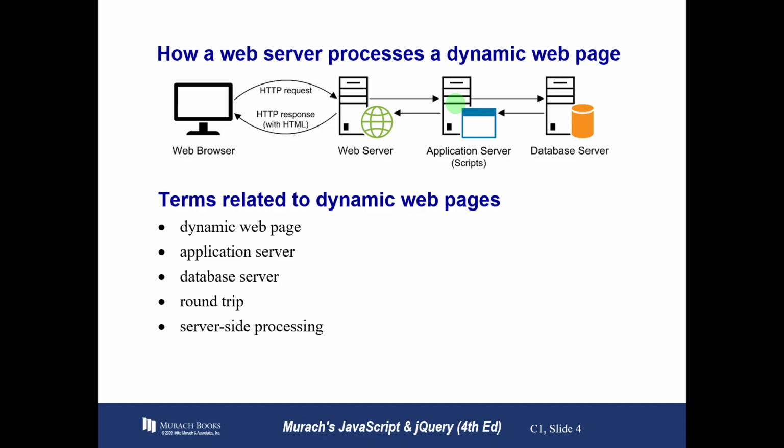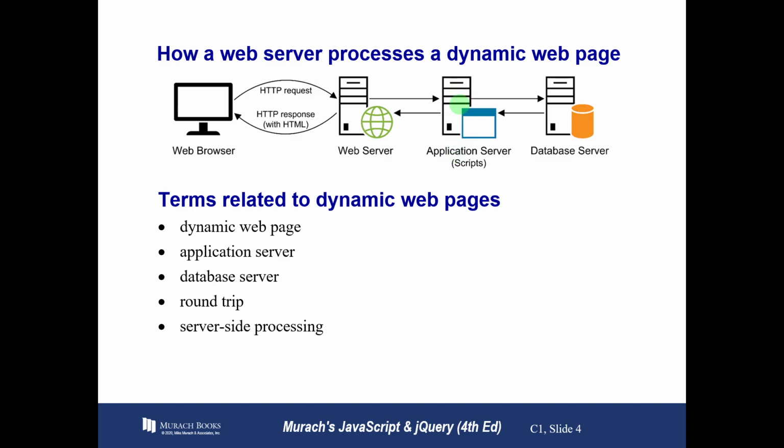And that script could be in a language like PHP, which is a very common scripting language on an application server on the internet. Perl was before that. Python is being used a lot now. So there's lots of different languages that can be run on that application server, including JavaScript. Some of the more modern application server programming languages use JavaScript on the application server side.